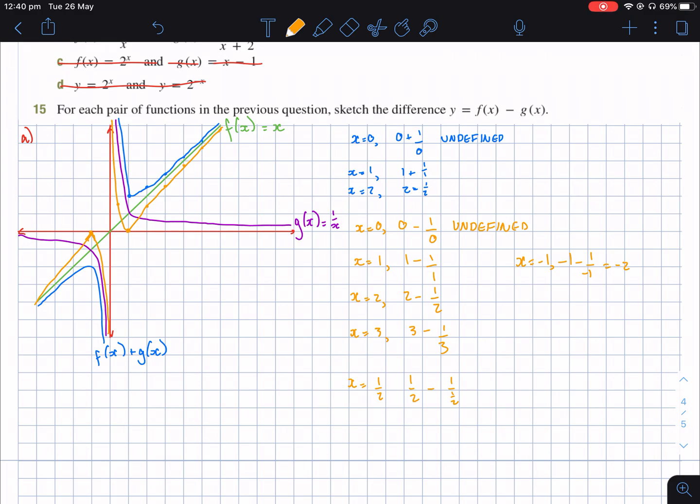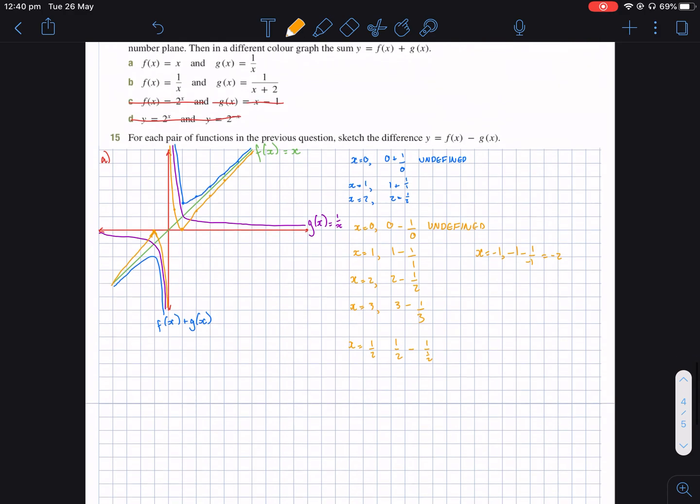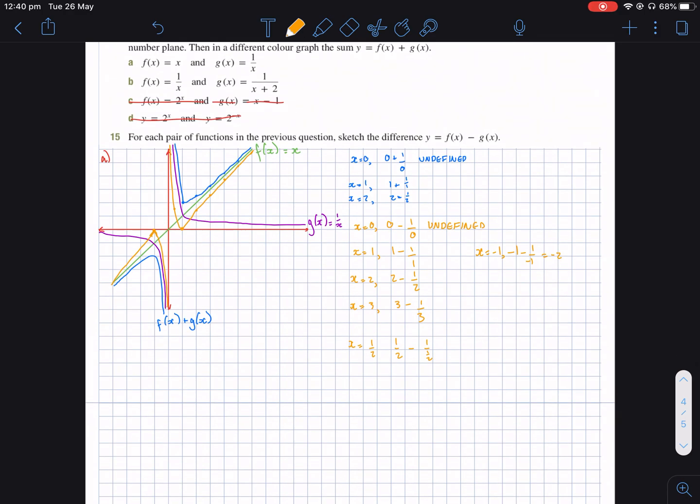Pretend that was rounded. Okay, that's for 14A and 15A. So that was f of x take g of x.